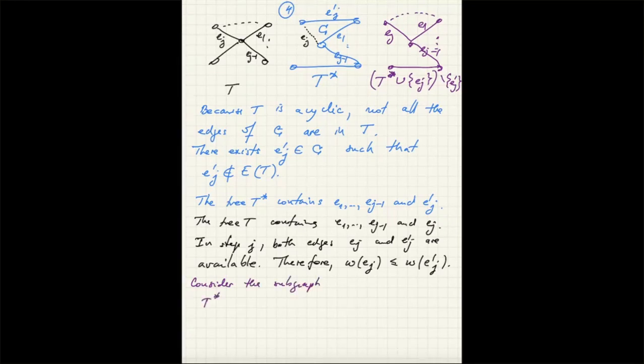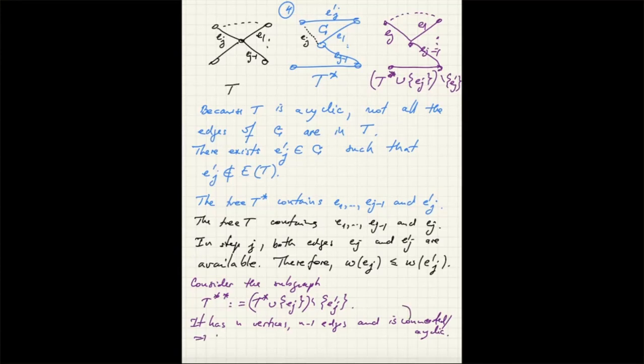Let's call it T star star, which is T star union EJ minus E prime J. Now it has n vertices and n minus 1 edges, and you can prove that it is connected or acyclic. I leave it to you to figure out how that works. It's not difficult. And so it's a tree. Therefore, T star star is a tree.